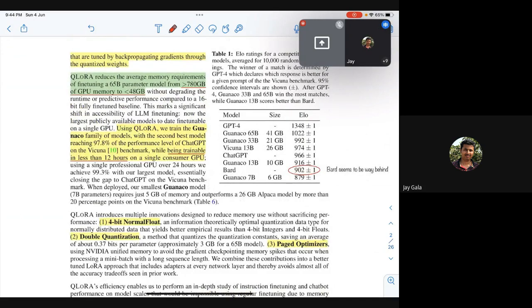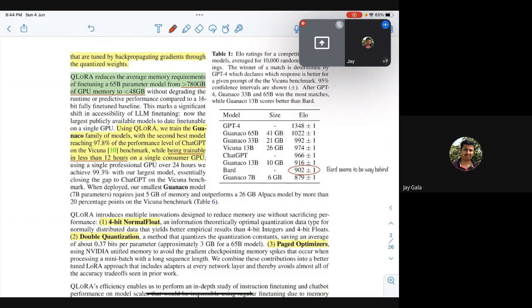One thing to note is these numbers, we'll probably explore this more later on. Based on the numbers that we see in terms of the Elo ratings, Elo is a rating that is used in chess and many other sports. What the rating essentially tells us is it tries to compare the skill sets of two players, and based on the rating difference, it tries to say which has a higher expected win rate than the other one.